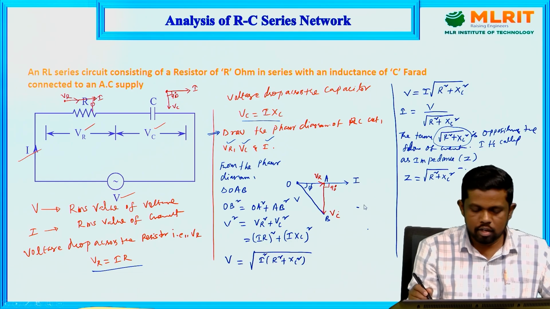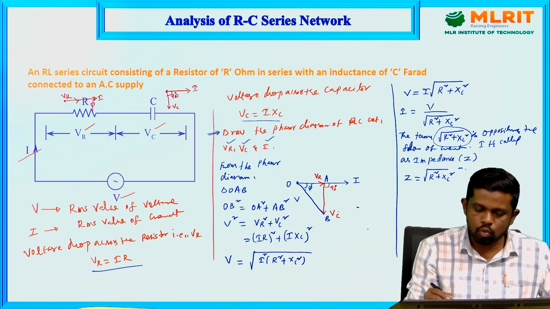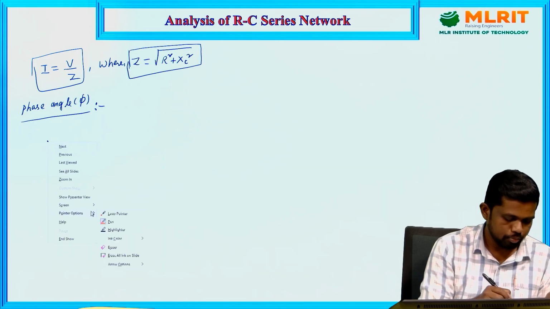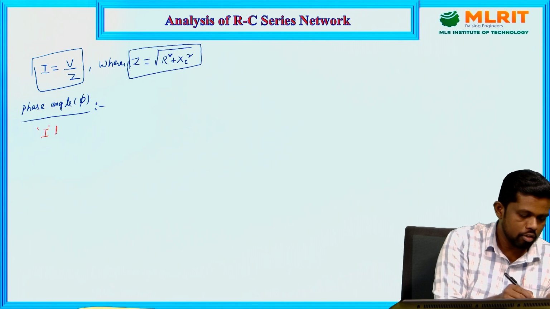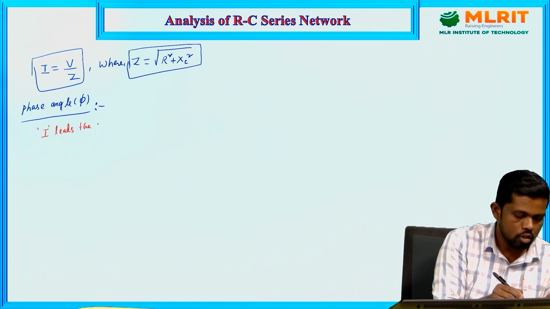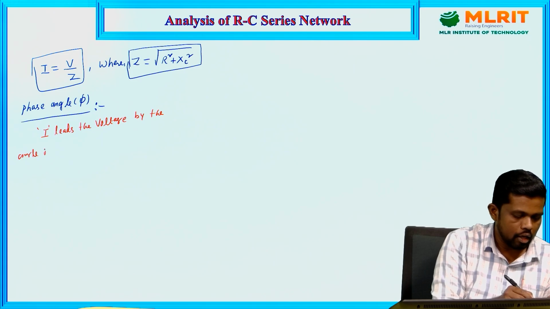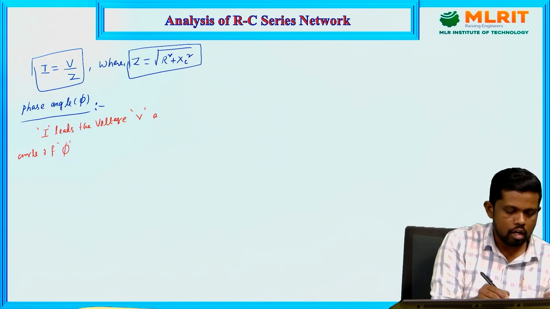So that clearly tells us the current of the whole circuit always leads the voltage by an angle of phi. So we can conclude here that the current of the circuit always leads the voltage capital V, because it's RMS, by an angle of phi.